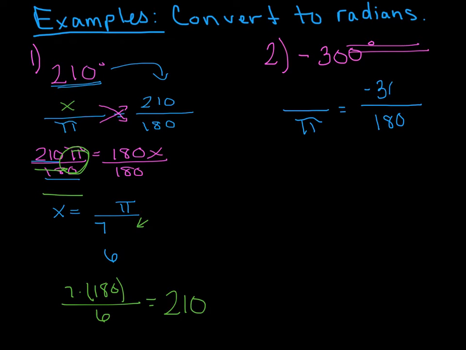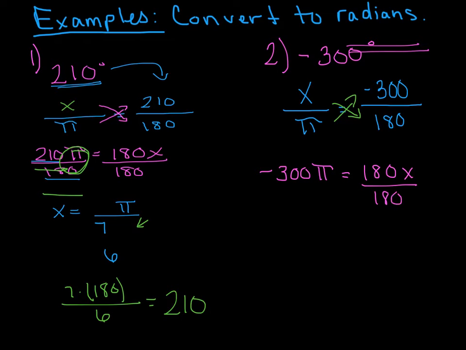So negative 300. And then I don't know my radians, that's what I'm trying to find, so I'm going to put my x. Again, you're going to cross multiply. So I get negative 300 pi equals 180x. Divide by 180 again to get x by itself.